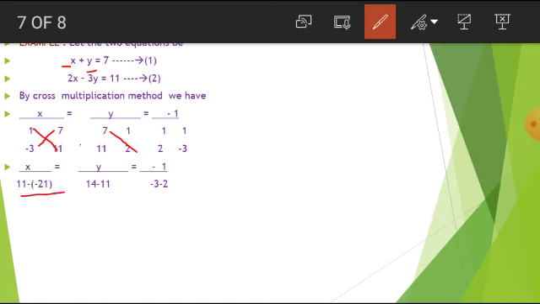It is 11 minus of minus 21. Then 7 twos are 14, 11 ones are 11, so 14 minus 11. 1 into minus 3 is minus 3, 2 into 1 is 2, minus 2. So this is 3, minus 3 minus 2.